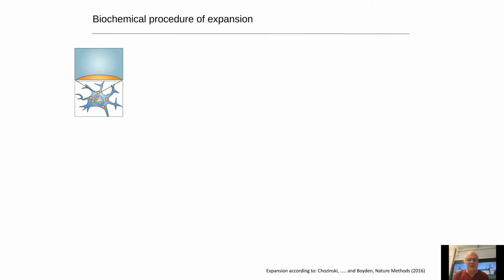Here I show you in some simple steps how that expansion technique to magnify your sample works. We see here a single cell with some regions of interest. These orange dots in that image, you see a very high magnification of that in the upper part of the image.